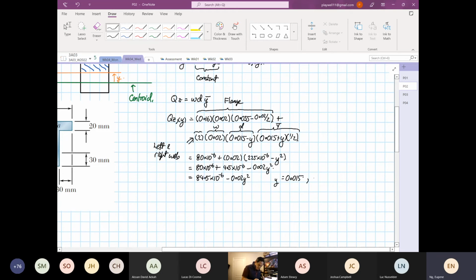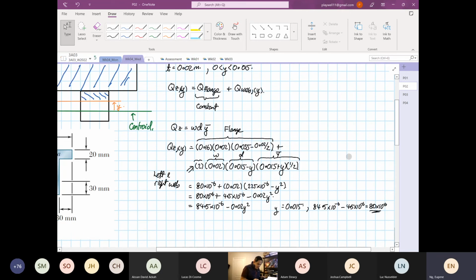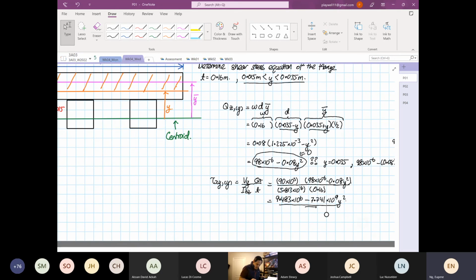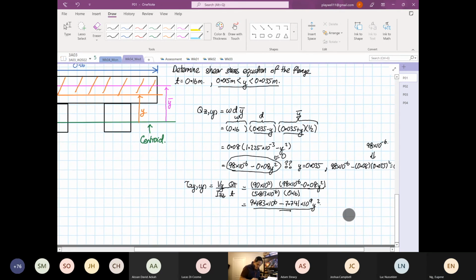So 84.5 times 10 to the power minus 6 minus 0.015 squared times 0.02. This is 4.5 times 10 to the power minus 6. You should get 80 times 10 to the power minus 6. So this 80 should be the same as over here.